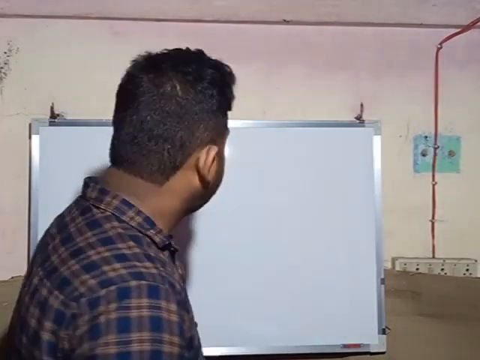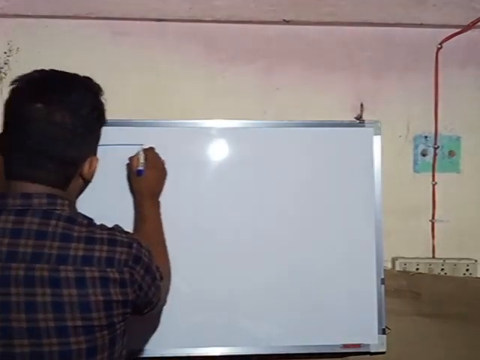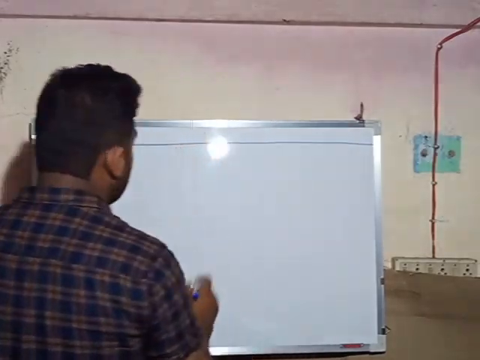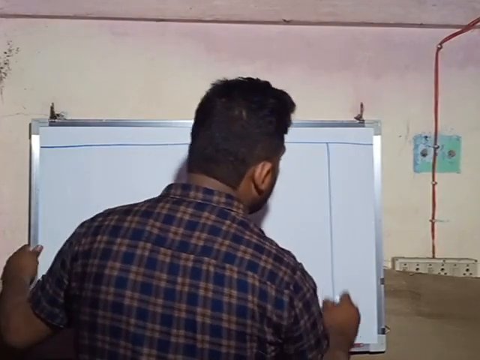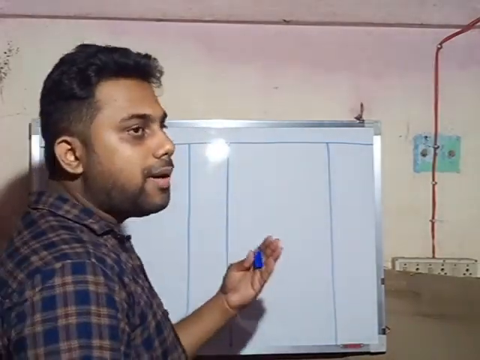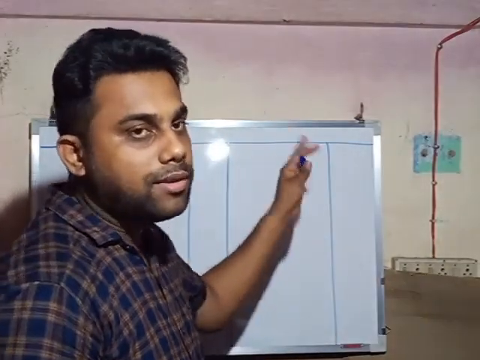So first of all I have to draw the receipts and payment account. As the receipts and payment account is prepared on a particular date, it does not have a date column, because it is prepared on a particular date that I will write on the top of the account.